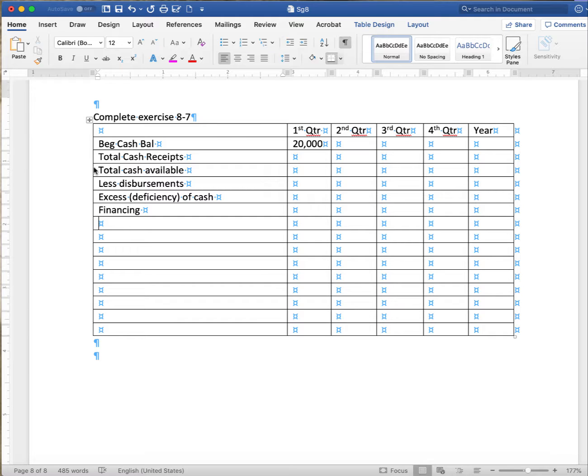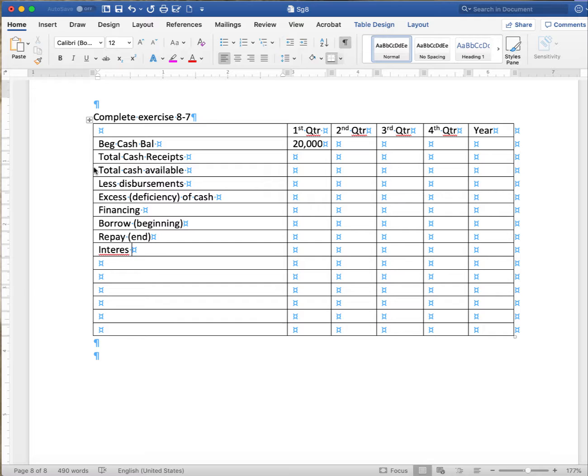Okay. Then I end up with my financing, right? And financing, I'm going to borrow. And remember, I always borrow at the beginning of the quarter. Eventually, I'm going to have to repay whatever I borrow, and I'm always going to repay it at the end of the quarter. And then I have the interest.